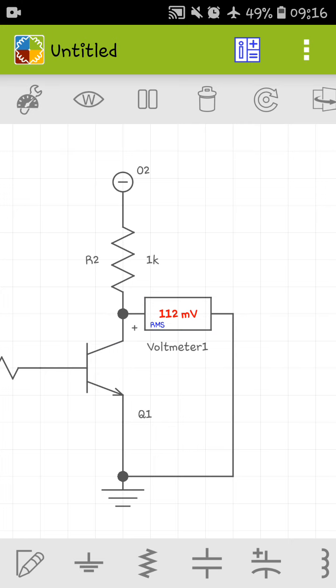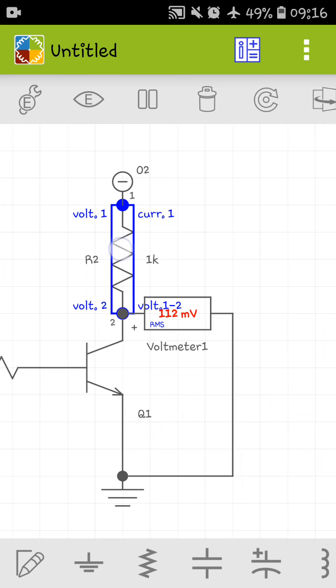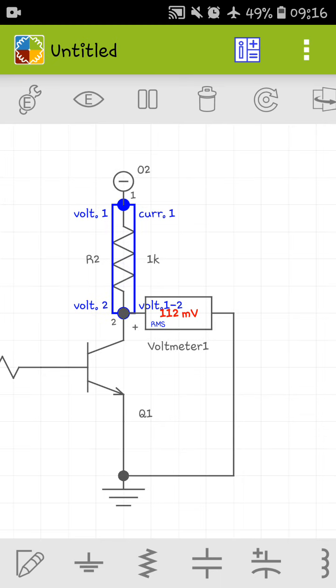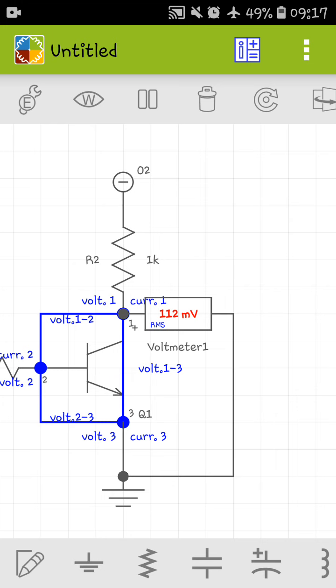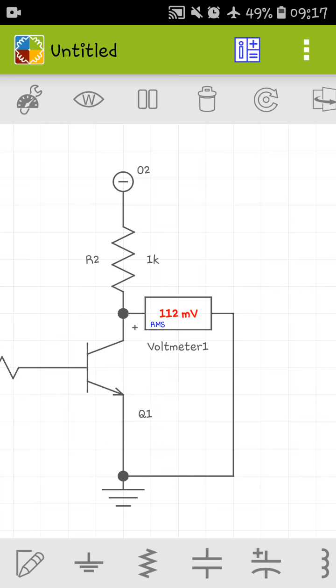So 5 volt is dropped across this resistor, and only 0.1 volt is coming here. When the transistor saturates, the collector and emitter terminals act like shorted.